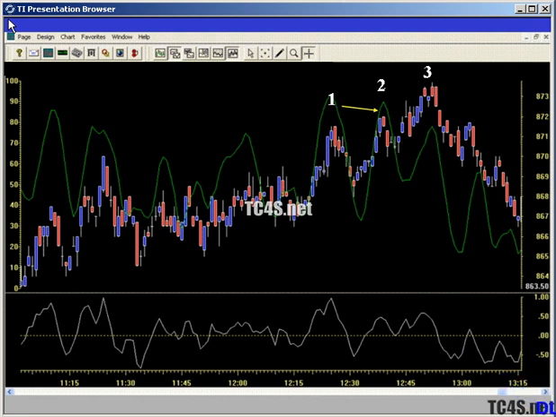But here we have a signal from 1 to 2 and from 1 to 3, because the DS made a lower high from 1 to 3. Price made a higher high from 1 to 3, and the MACD made a lower high from 1 to 3. That is, by definition, a sell signal.